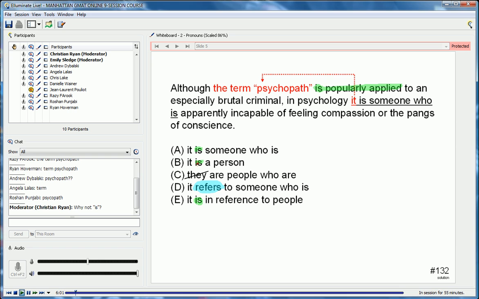I see John typing, but looks like that's about some mic issues. Angela, what do you think? Why can't we go with B? This is the one that Andrew's sort of looking at. What do you not like about these options?